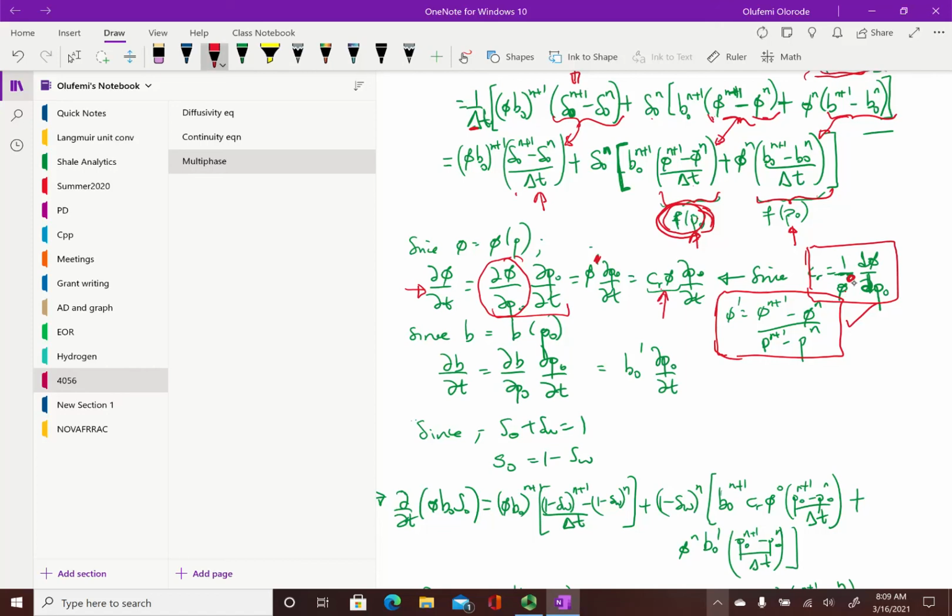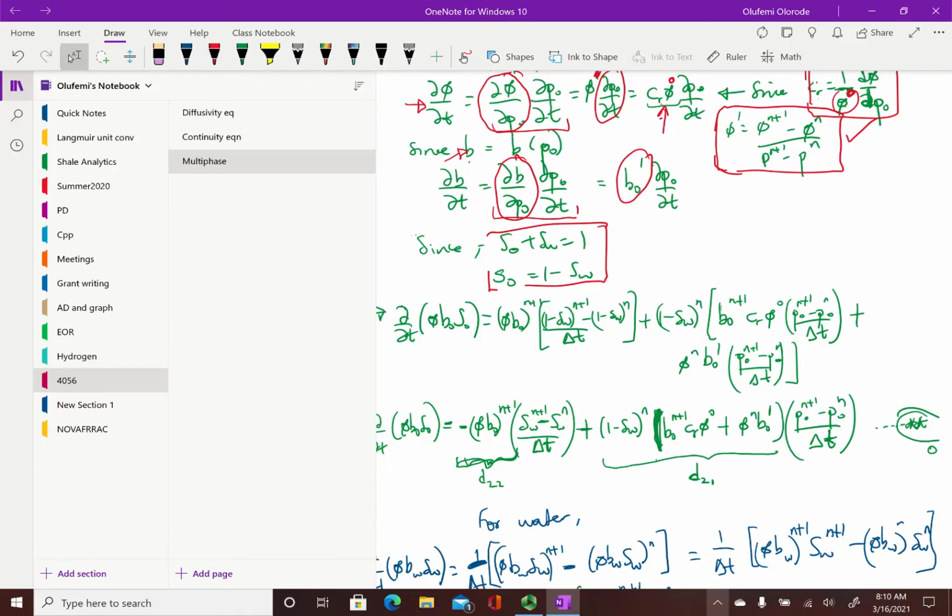Because you can multiply both sides by phi naught, and this becomes phi naught CR. So this is a reference phi, dphi/dt. Can do something similar for B. To differentiate B with respect to time, use chain rule again, get this, and you can replace this by B naught prime for brevity, right? And then, of course, I already talked about this, those are the saturation constraints.